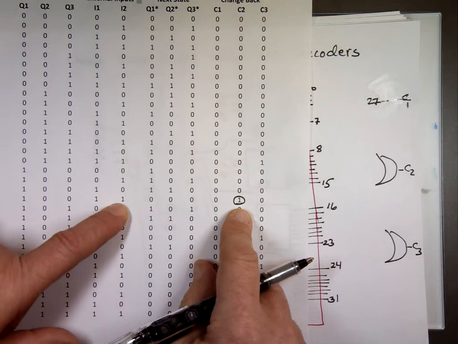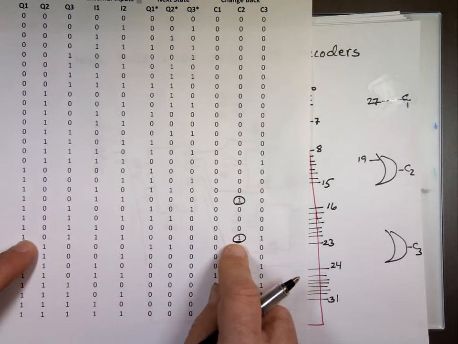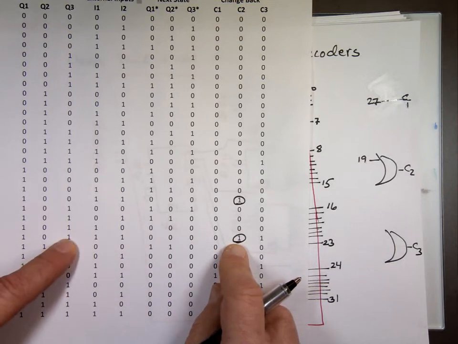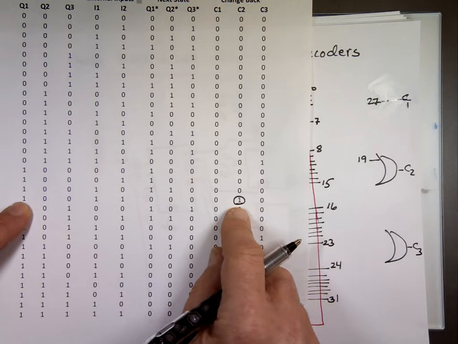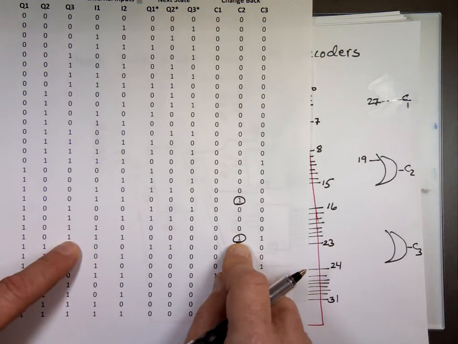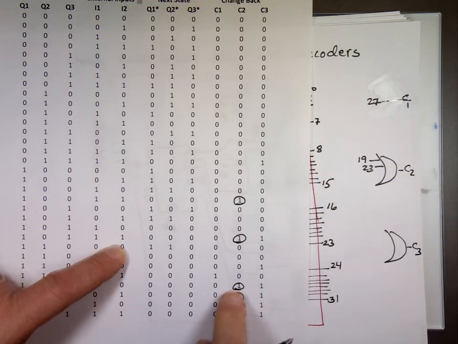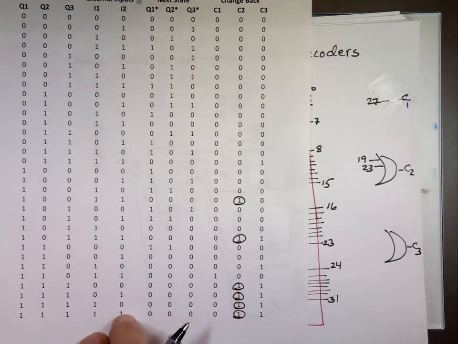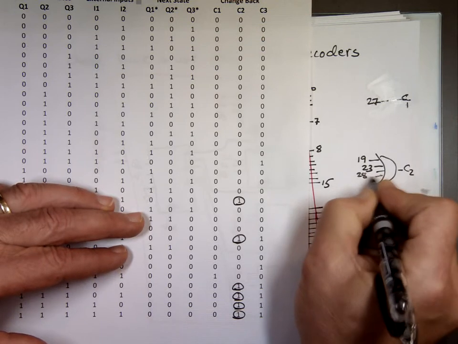I need pin 19. 16 plus 4, that's 20. 22, 23, that's pin 23 attached to it. And now what about this one? That's 31, 30, 29, 28. 28, 29, 30, and 31.